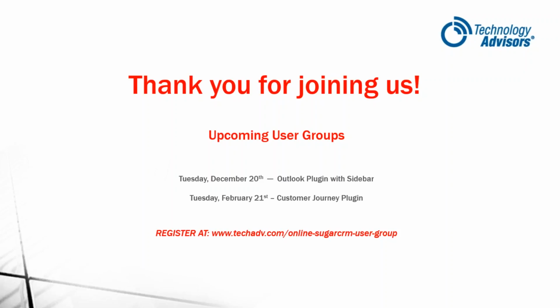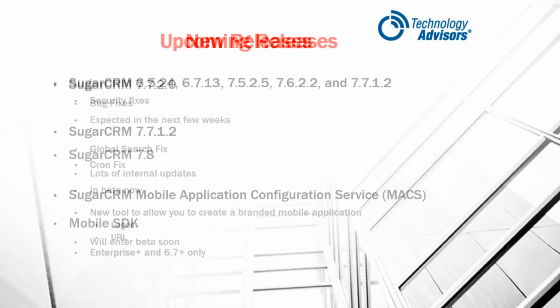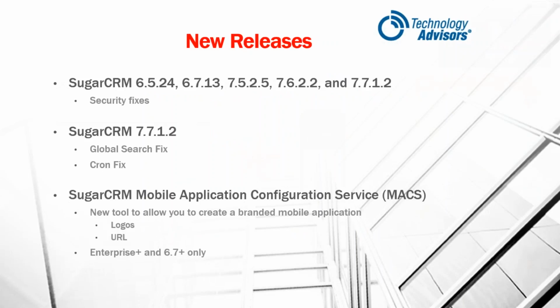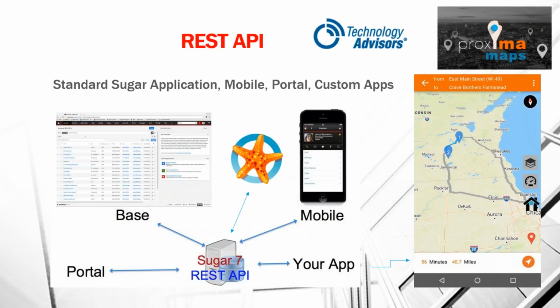The REST API is, I'm not sure what it stands for actually. I don't know what REST, Application Programming Interface, I believe. Yeah, Application Programming Interface. Essentially, Sugar moved to a services-oriented architecture. So if we were to jump back to the slide, all of the different parts of the application are talking back to the server via the REST API.